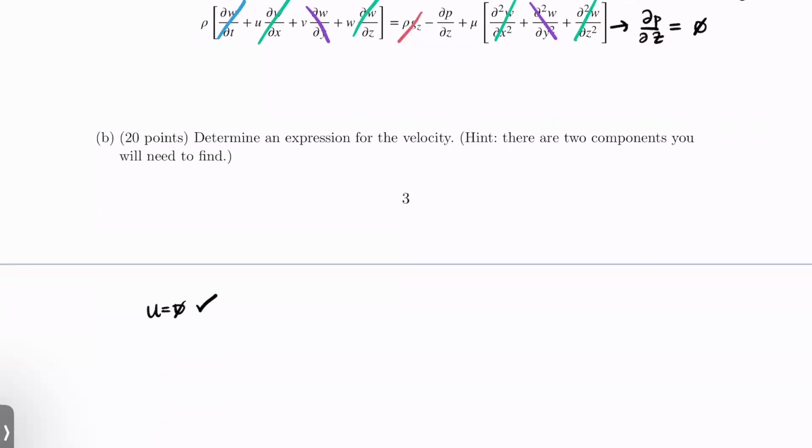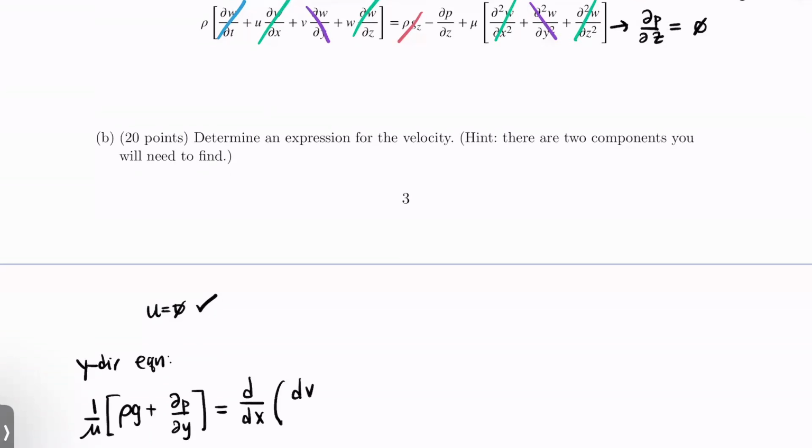So we're going to use our Y equation to solve for V. Here we have rho G plus partial P partial Y. I've just moved those terms over to the left-hand side, and I'm going to also divide by the viscosity. And this is equal to d dx dv dx. I've switched to a total derivative for the exact same reasons as I did in conservation of mass.